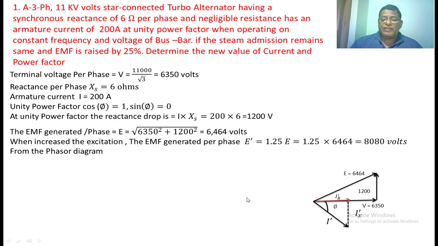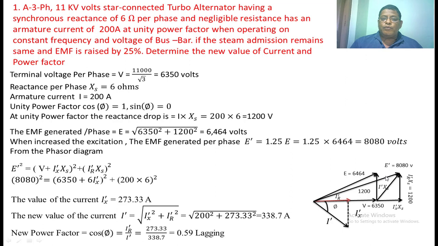Now if you draw the phasor diagram with the new value of the current, this is I X dash Xs, which is perpendicular to I X dash, and to this vector we have to add I R dash Xs, that is 1200, which we have already calculated. Now if we find the phasor sum of V, I X dash Xs and I R dash Xs, we get the new value E dash, that is 8080 volts.